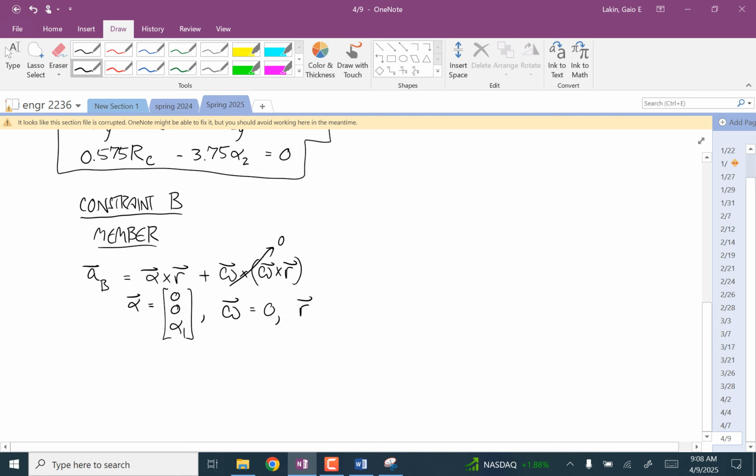And R is 0.75 times the cosine and sine of 40 degrees. And that looks like that is 0.575, 0.482.